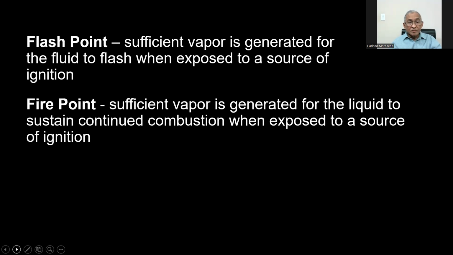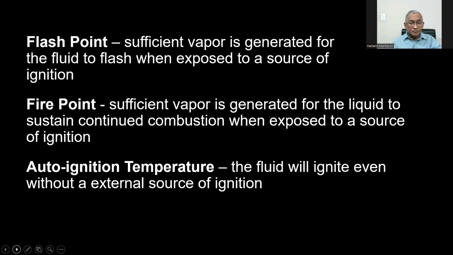Fire point is the temperature at which sufficient vapor is being generated for the liquid to sustain continued combustion when exposed to a source of ignition. And auto-ignition temperature is the temperature at which the fluid will ignite even without an external source of ignition.